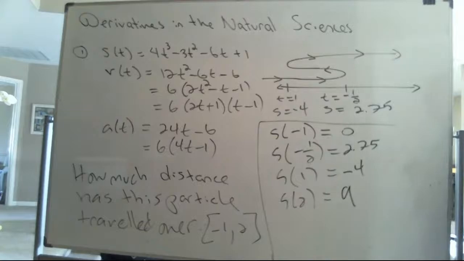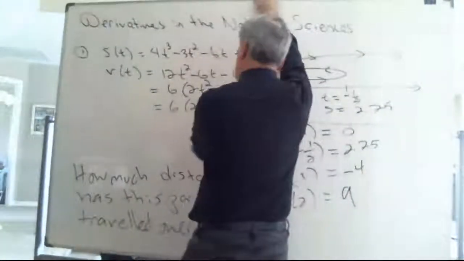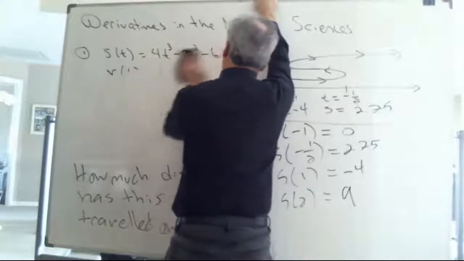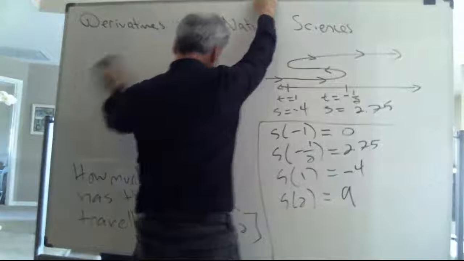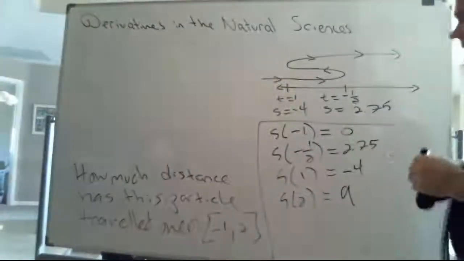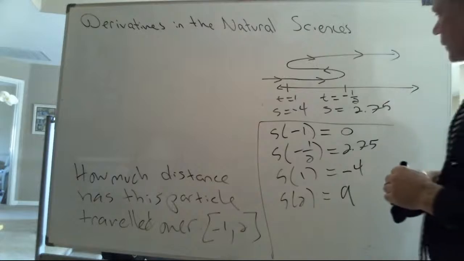Well then, to answer my question, let me give myself a tad bit more room. I think the distance traveled over that time interval should be broken up into 3 parts.